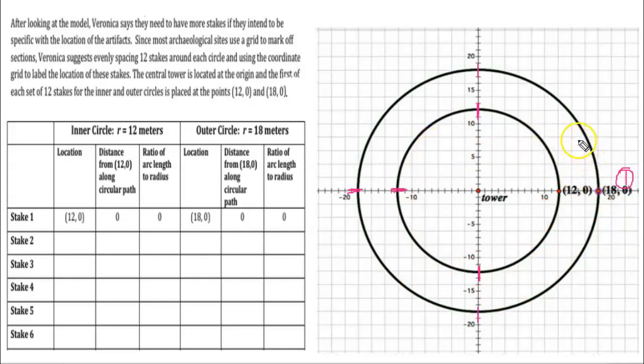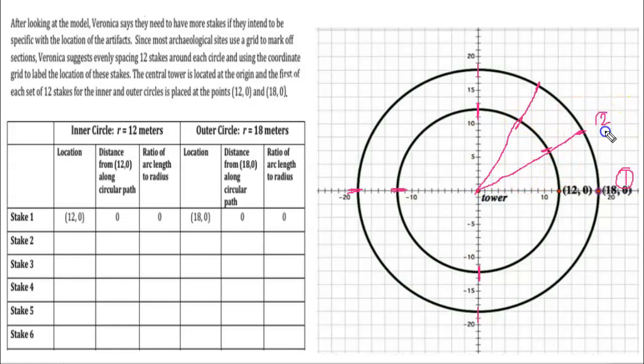And each quadrant now needs to be split into 3 equal pieces. So we kind of want to slice our pie into 3 equal pieces. So somewhere around here and here is going to give us 3 equal pieces in that quadrant.